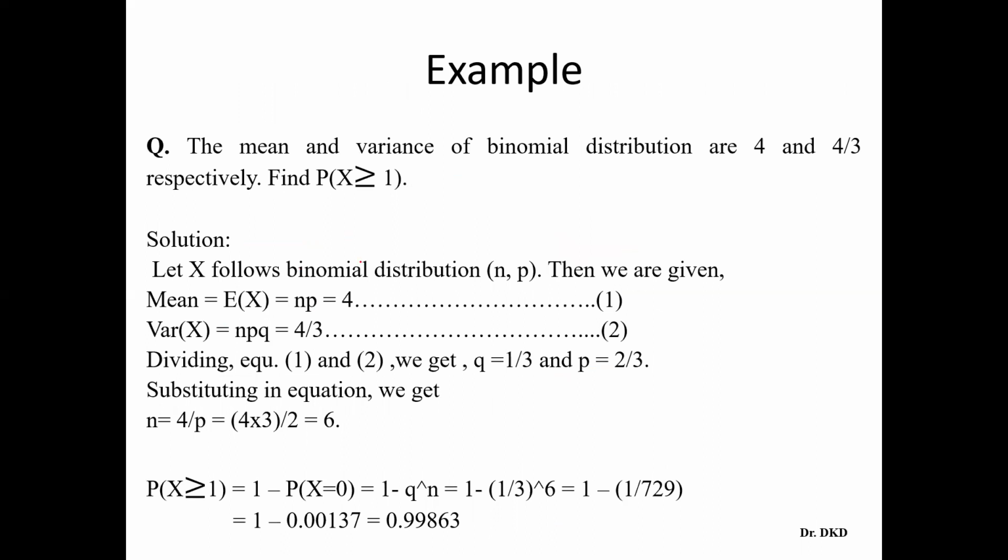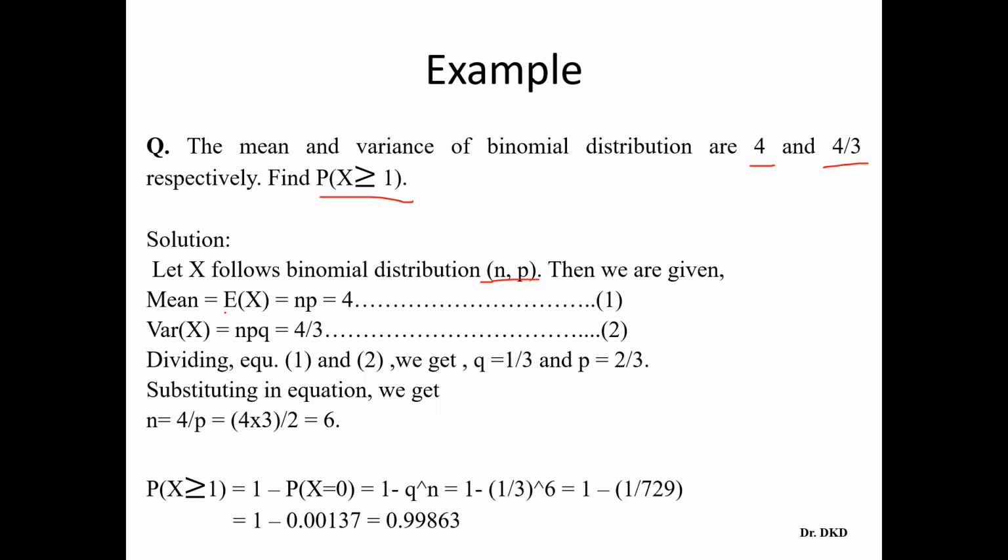Now we have another question. Suppose the mean and variance of a binomial distribution are given as 4 and 4 by 3. Find the probability of x greater than or equal to 1. How will we get the solution? As we know, the binomial distribution follows the parameters n and p. n is the number of trials, p is the probability of success.